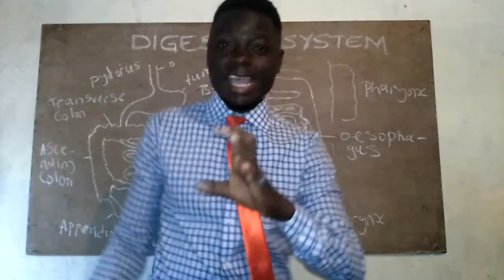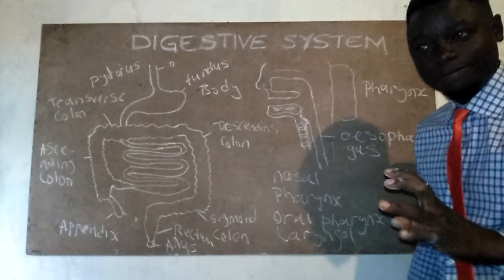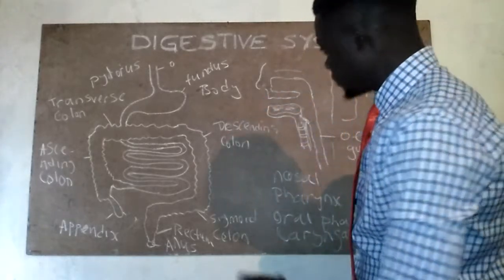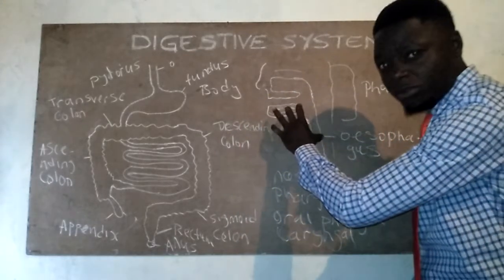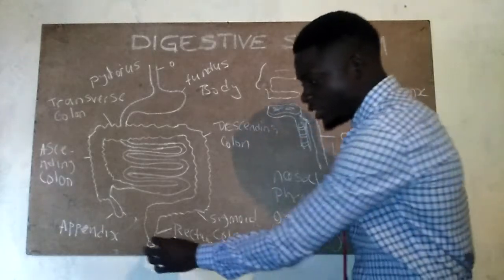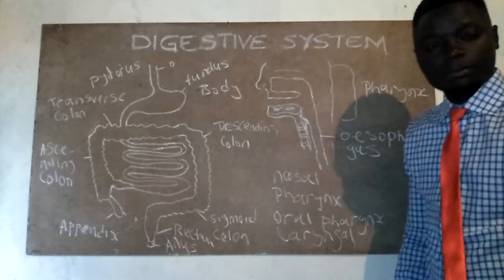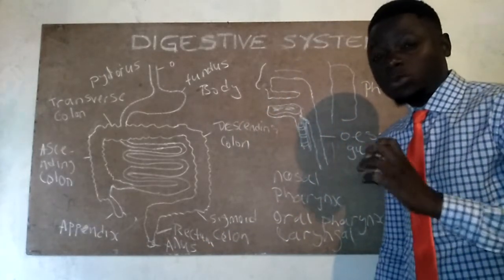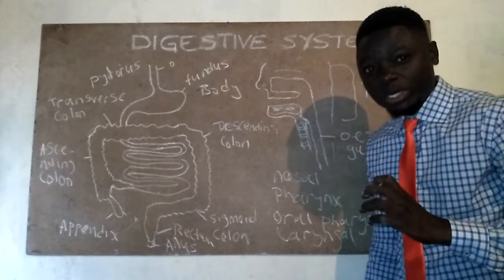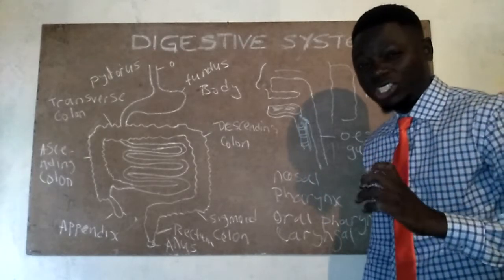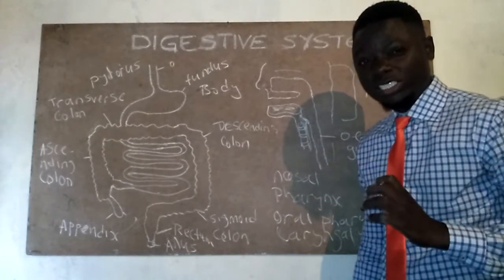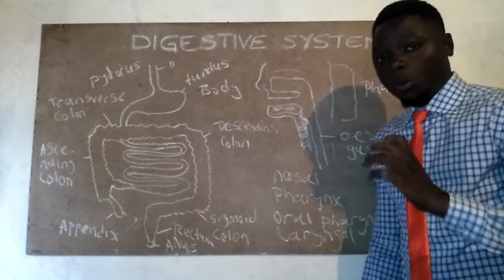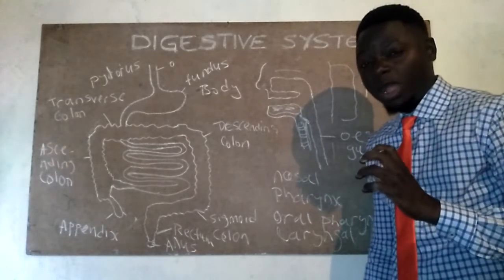So here is the diagram of the whole digestive system. It starts from the mouth and ends at the anus. What we want to do now is look at various components of this digestive system in a little bit more detail.